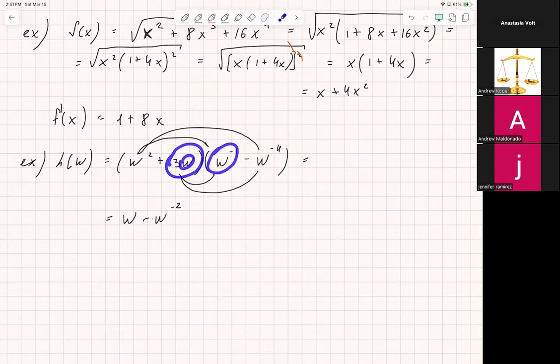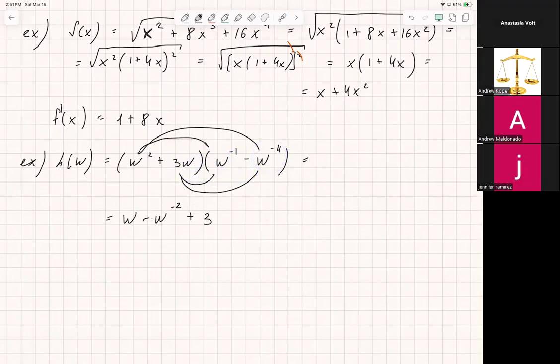So w to the first power times w to the -1 power. We have w to the power of 1 minus 1. That's w to the 0th power. So we have plus 3. Okay. And the last one is 3w times w to the -4.